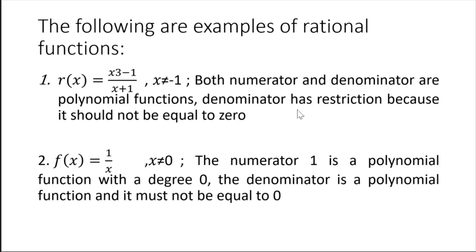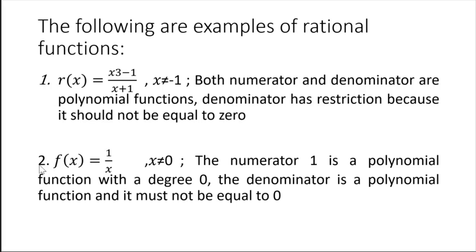Then the denominator has a restriction because it should not be equal to 0. So bakit hindi siya pwede negative 1? Because if we try to substitute the value of x with negative 1, then your denominator becomes 0 and it will no longer be a function.